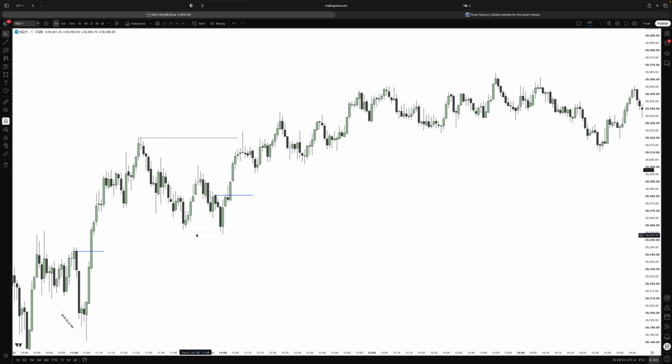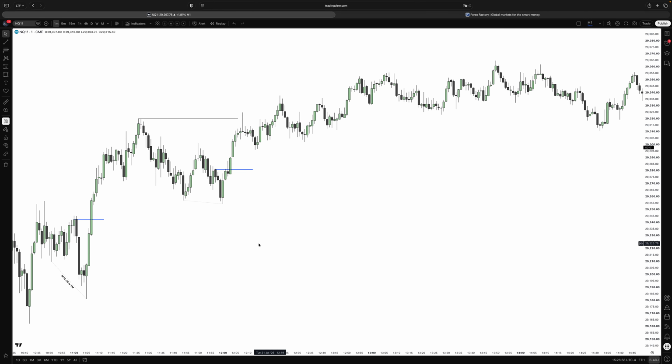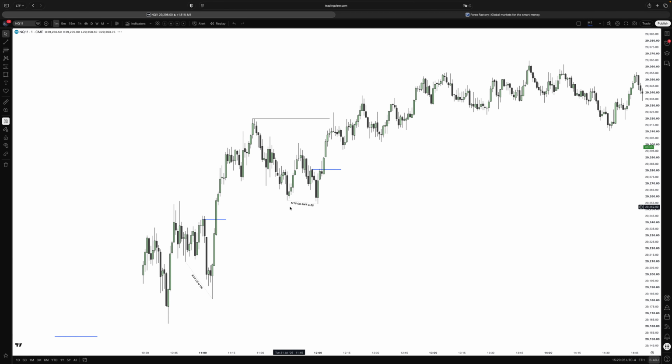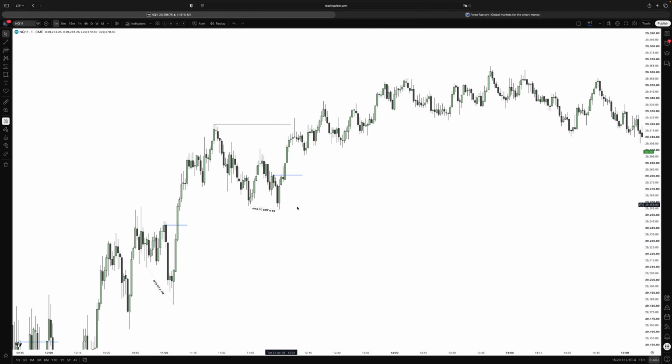And then here, I'm pretty sure this was, oh, actually, I'm not sure. Okay, yeah, we have SMT with ES. So this was the gap that I mentioned, the 15-minute FVG somewhere here, where we kept making lower lows on the 15-minute on NQ and higher lows on ES.